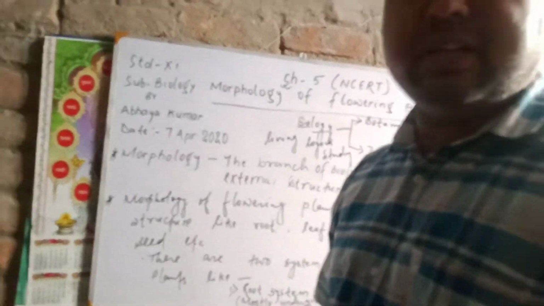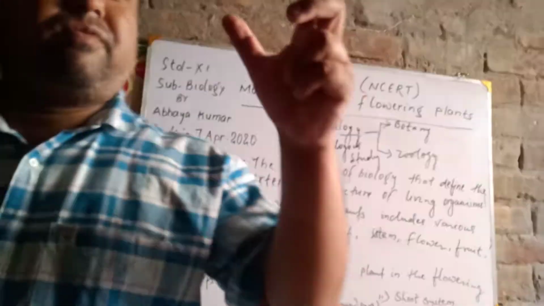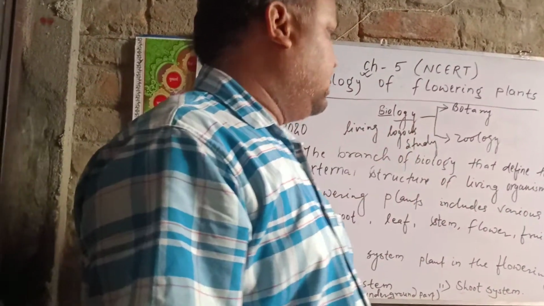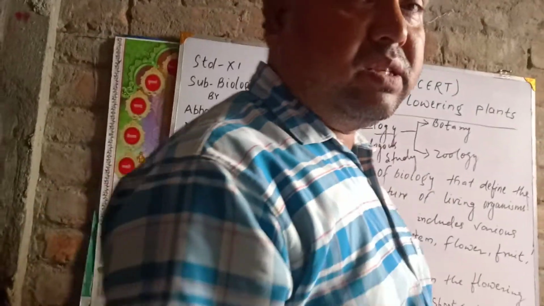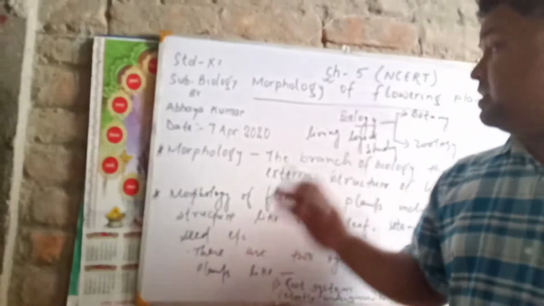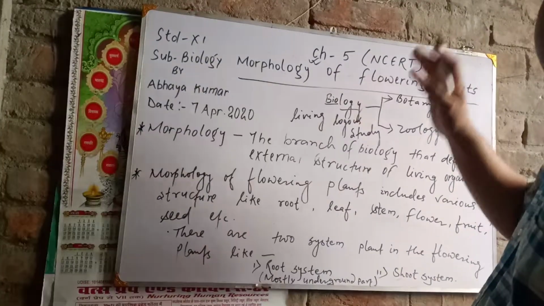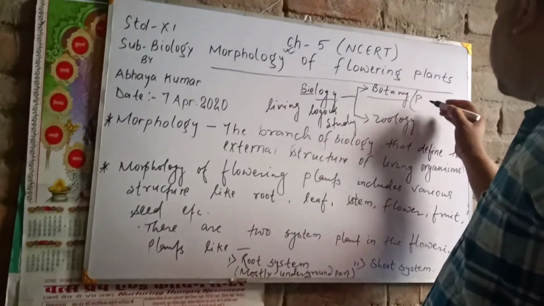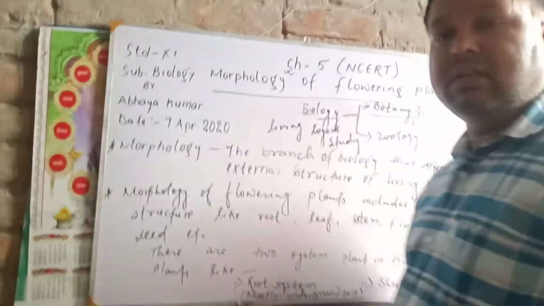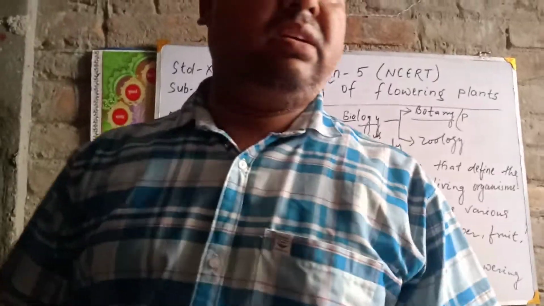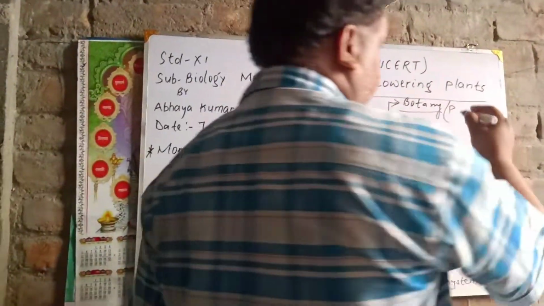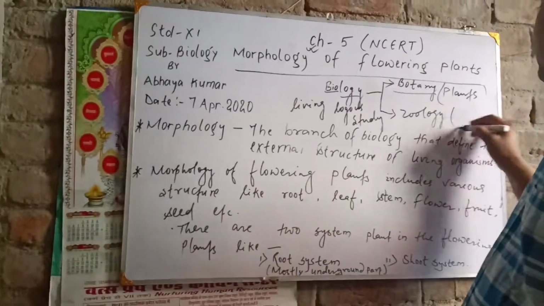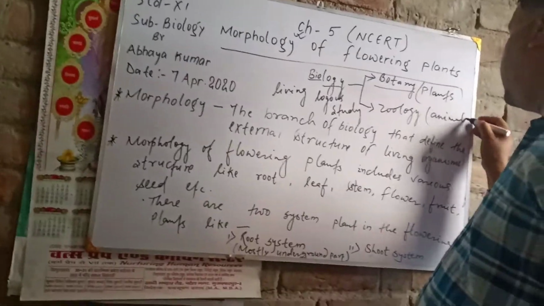Hence we can consider the branch of science that defines living organisms called biology, whereas the branch of biology that defines the whole structure, function and whatever related to the plants is referred to as botany, and animals called zoology.